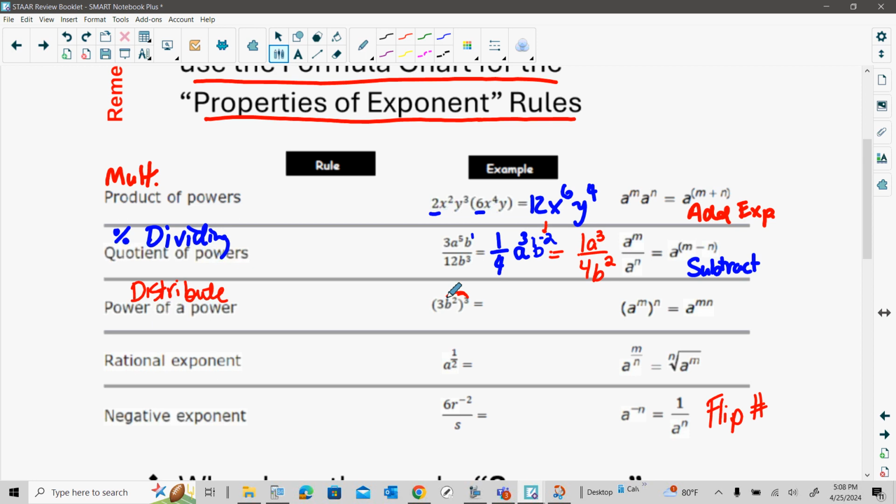And if we have exponents and we distribute them in, you're going to multiply those exponents. So this is 3 to the third power and b, sorry, to the sixth power. And then I'm going to simplify 3 to the third power, which is 27, b to the sixth. Okay.